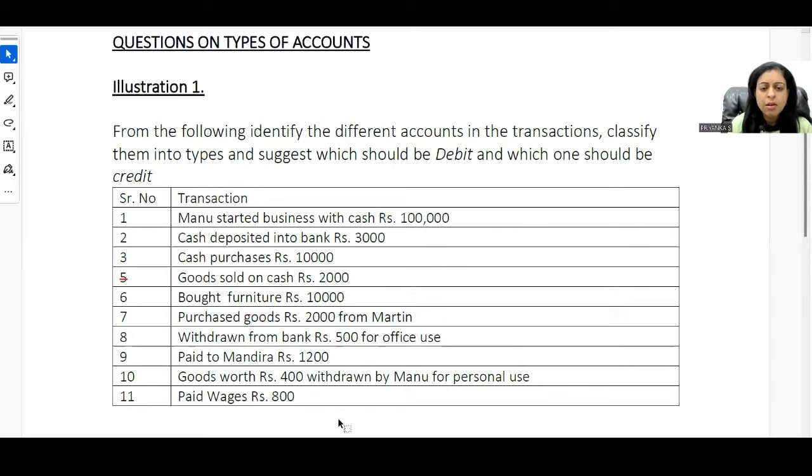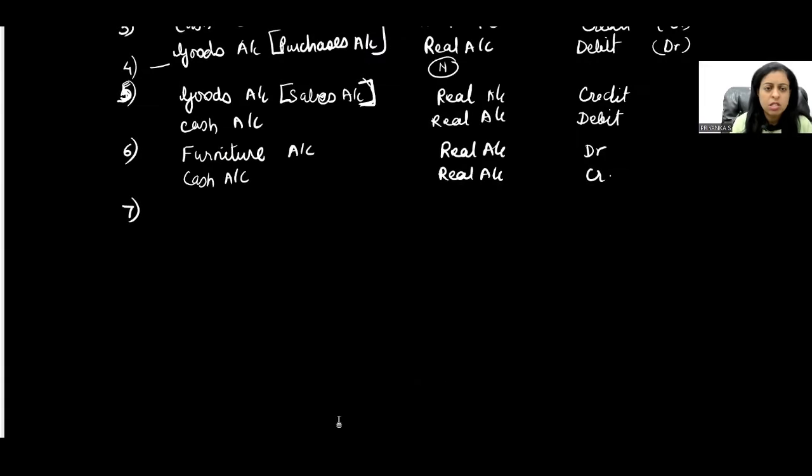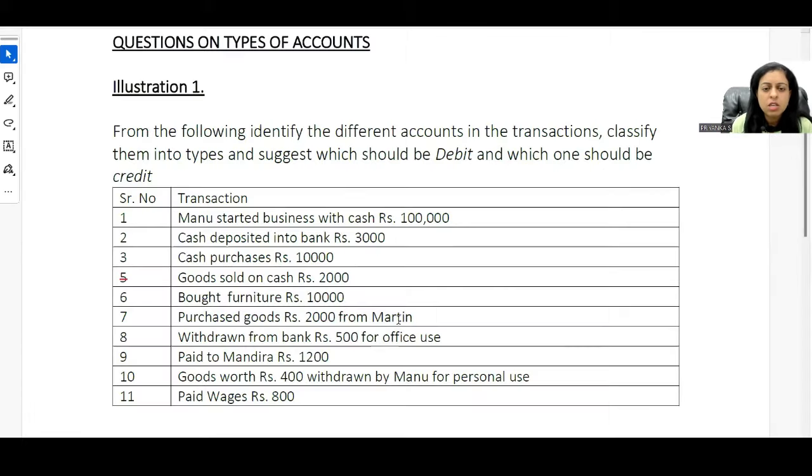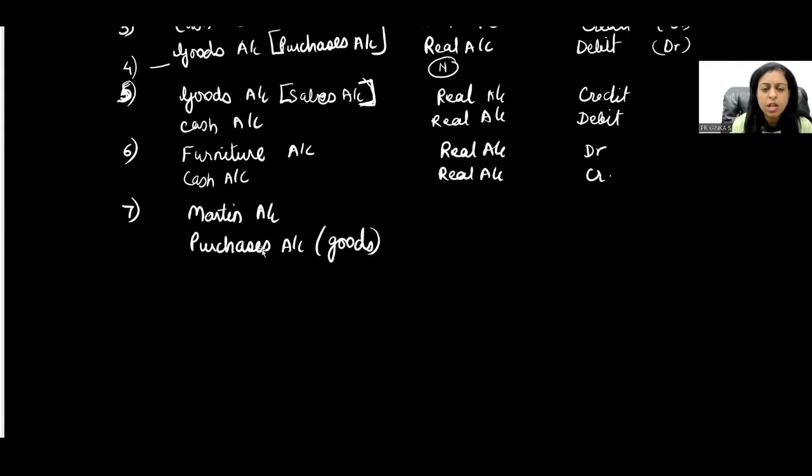So Martin and goods are the two parts in this transaction, right? Martin is the person who is giving us goods, and purchases is the purchases account, or in this case, I'm writing it as goods account, right? So Martin is the giver of the goods and we are buying the goods.